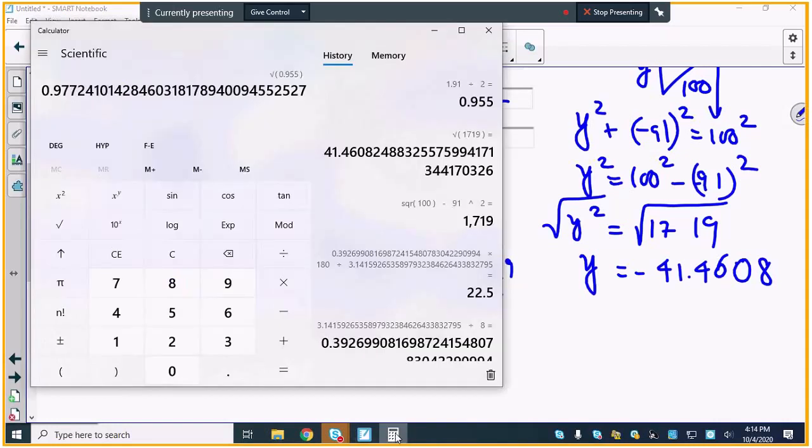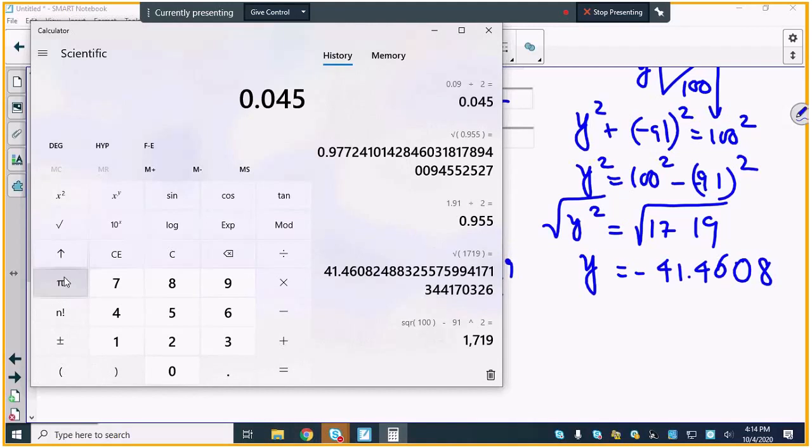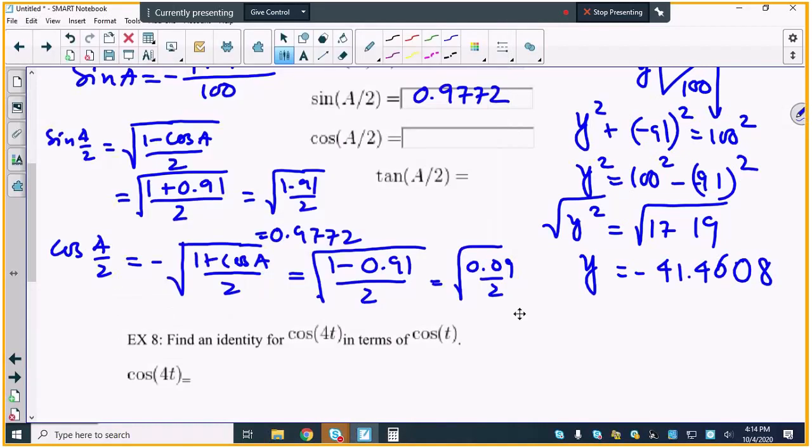So I get 0.09 divided by 2, take the square root, round to 4 decimal places. This is 0.2121. And remember, this is going to be negative all along. So minus 0.2121.